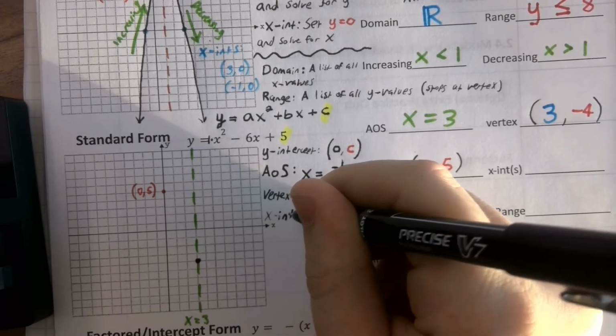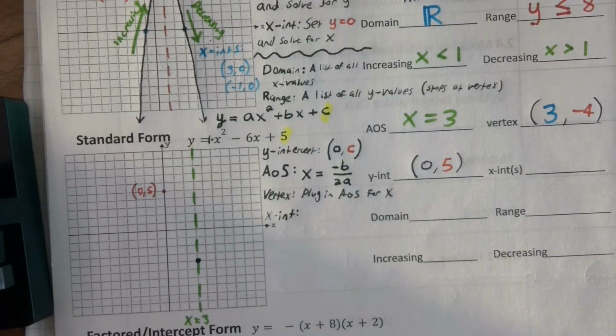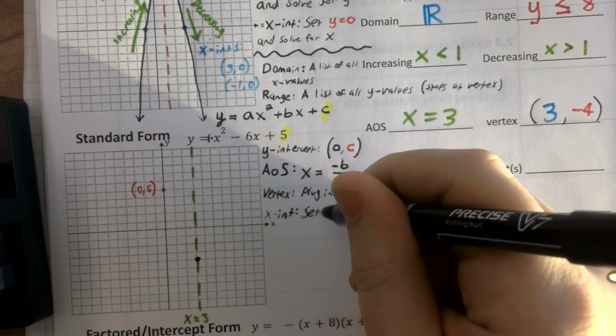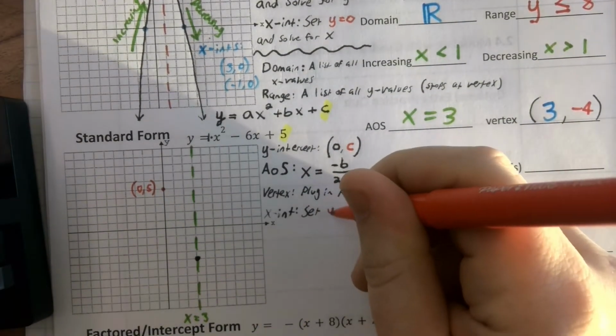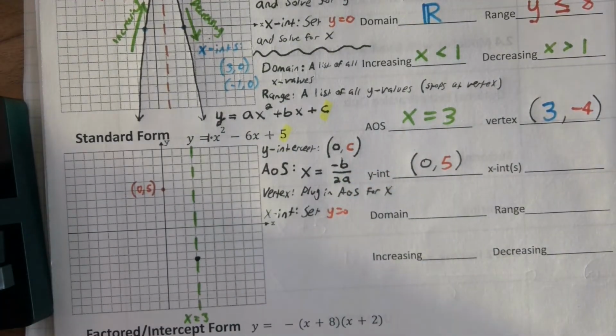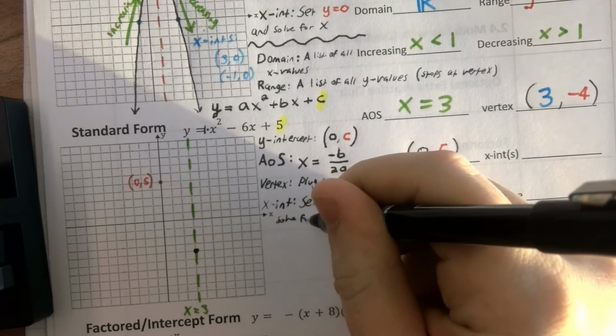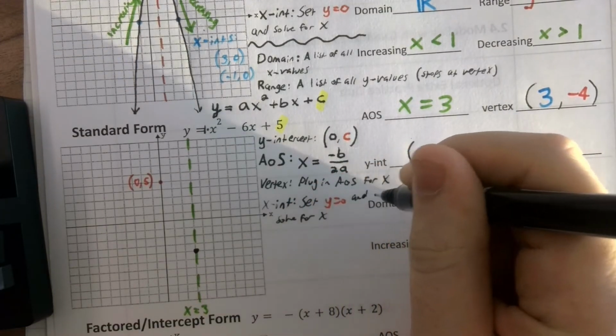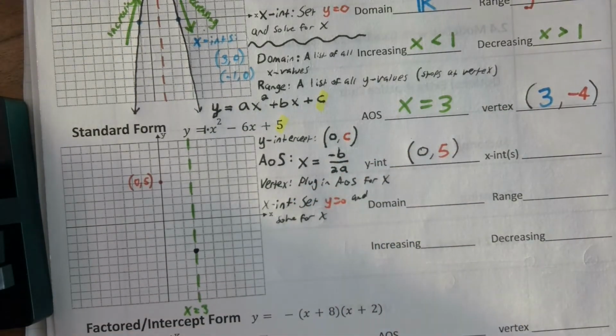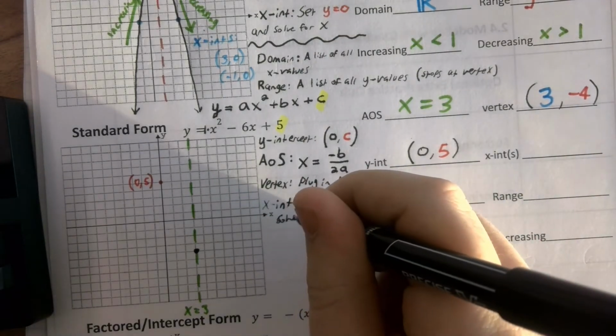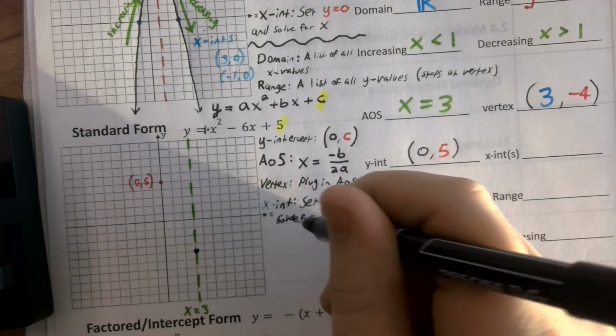Last time, we just set y equal to 0 and solve for x. Believe it or not, it's the same thing. We set y equal to 0 and solve for x.